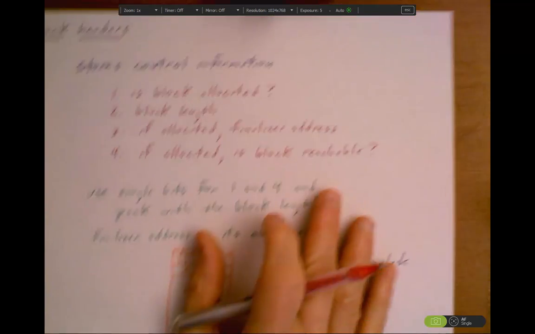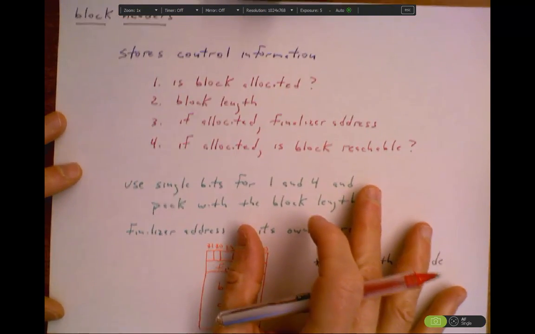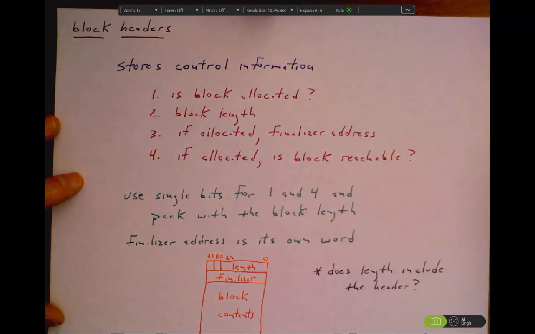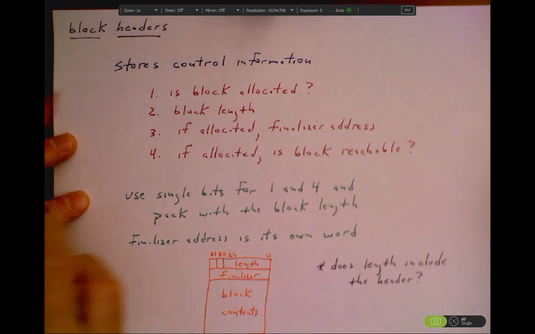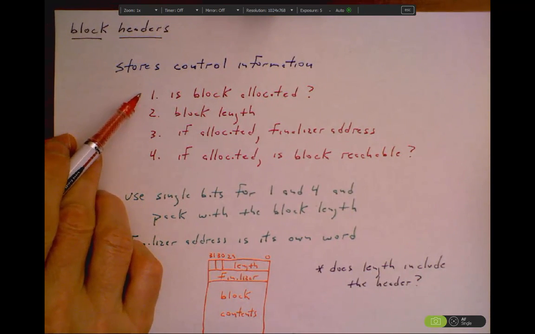What else would the allocator need to do? Well, it's probably going to maintain block headers where blocks are either allocated blocks or free blocks, available blocks. Why do I need a header? Well, I need to store control information. I need to keep track: is the block allocated, or is it available to be allocated?